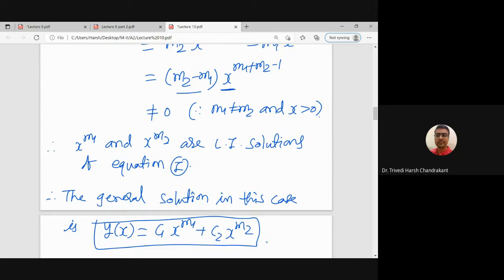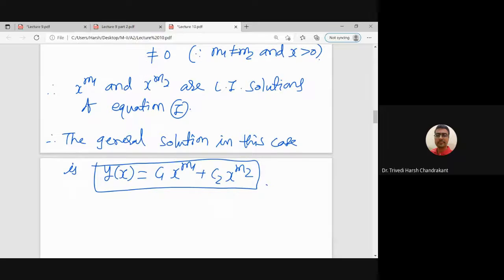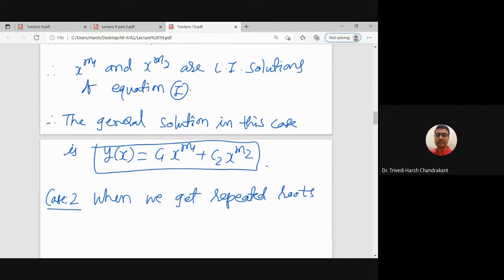Now the next case is whenever we have repeated roots. Suppose we get repeated roots of Pm equals 0. What does this mean?